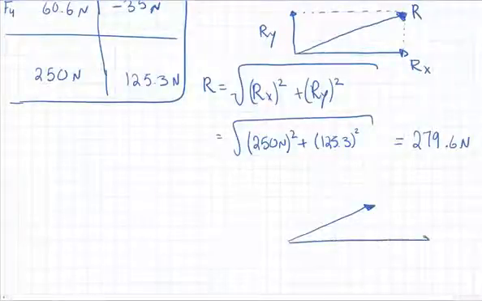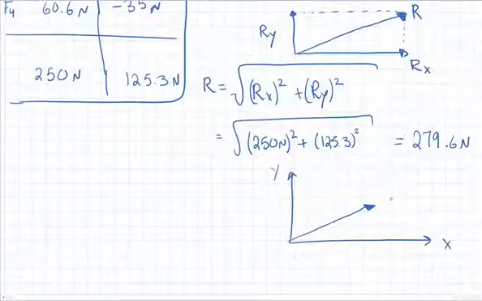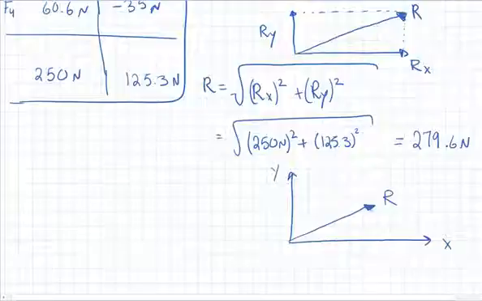Now I know that my resultant force that I got from adding all the components is 279, but I do not know what direction it is in. This is my x-axis, y-axis, this is my resultant force. To find the direction of the resultant force, I can just use trigonometry. Let's say this is angle theta.